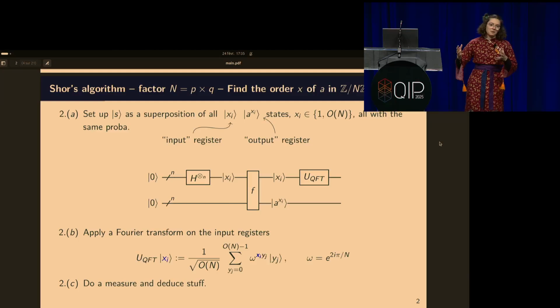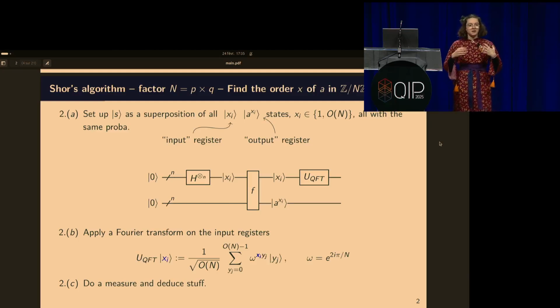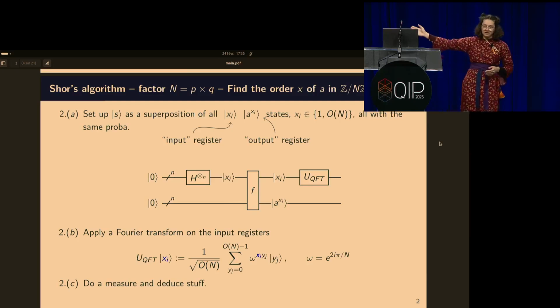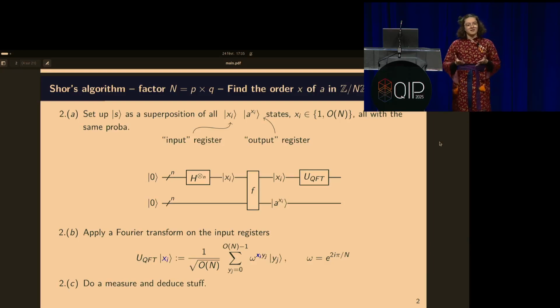Roughly speaking, one of the things the Fourier transform allows to do is it allows to exhibit the periodicity in a sequence of numbers, okay? Here, we're interested in the smallest positive x such that A to the power of x modulo big N is equal to 1. So if you consider the sequence of numbers A to the power of x modulo big N with x that goes from 1 to infinity, this sequence is periodic and the period is precisely the multiplicative order we are trying to find.